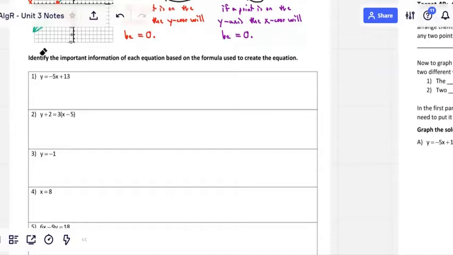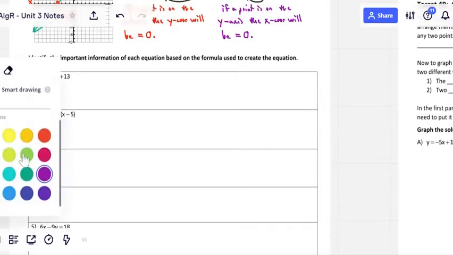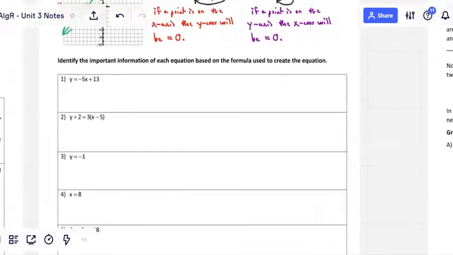So what you're going to be doing is looking at the first page of the notes to find which formula matches the best with what we see. I want a formula that has y by itself and then has a number being multiplied by x, either adding or subtracting a constant. So let's take a look at the first page.